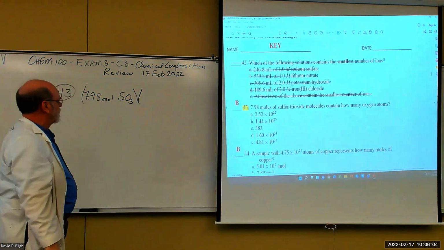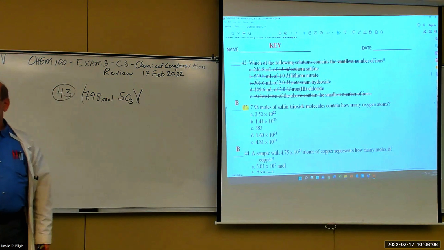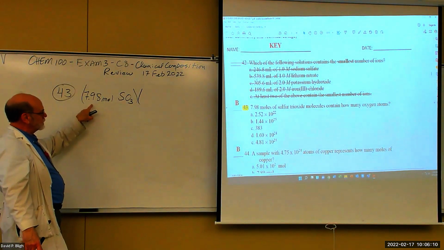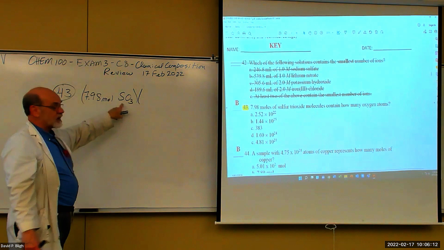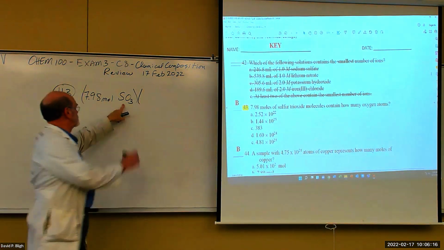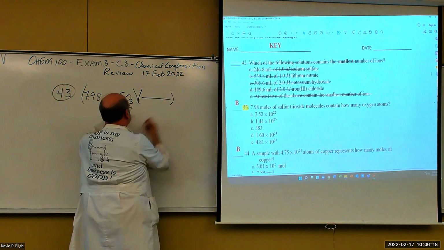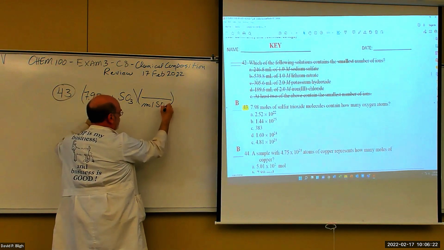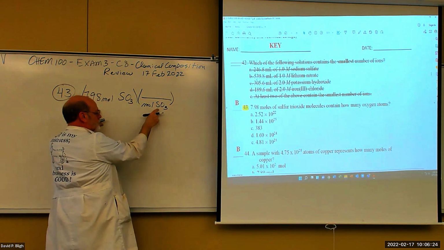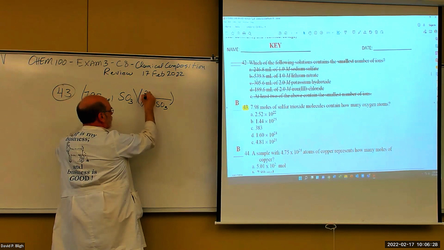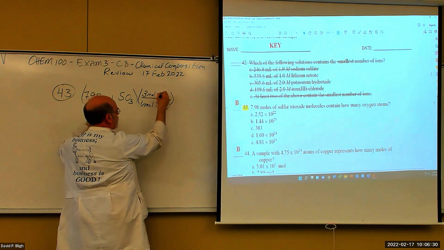Actually, there are two ways you can do this. You can say 7.98 moles of the molecule equals how many moles of oxygen. Moles of sulfur trioxide. For every mole of sulfur trioxide, you have 3 moles of oxygen.